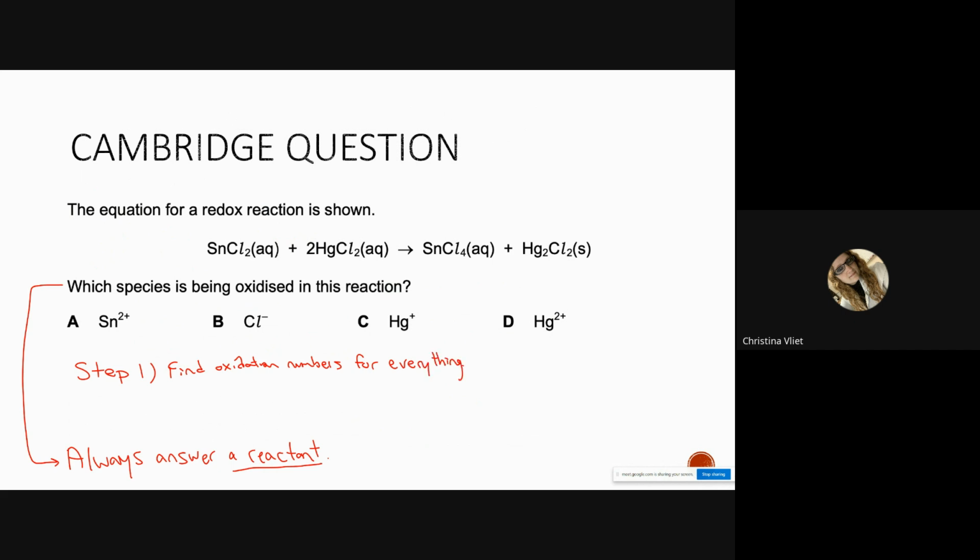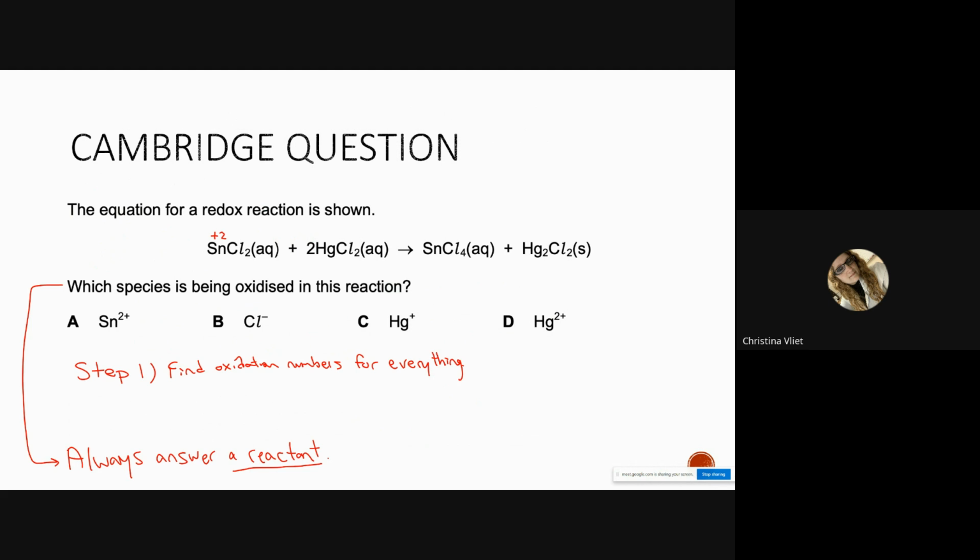What's the oxidation number for tin in SnCl2? Plus 2. It's going to be plus 4 over here.